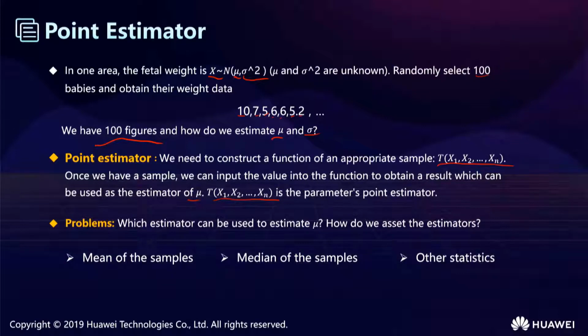So the problem appears: which estimator can be used to estimate mu, the mean? How do we choose the estimators? We can use the mean of the samples, the median of the samples, and other statistical methods.